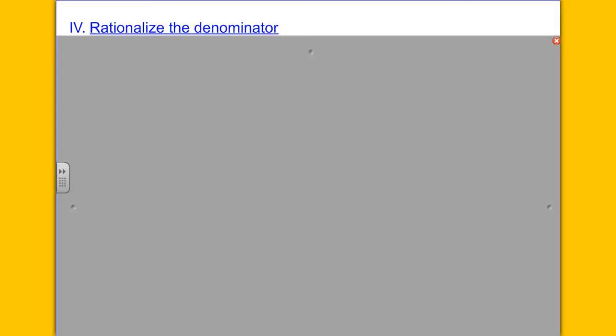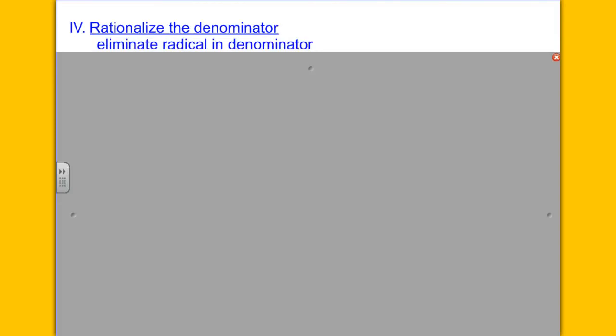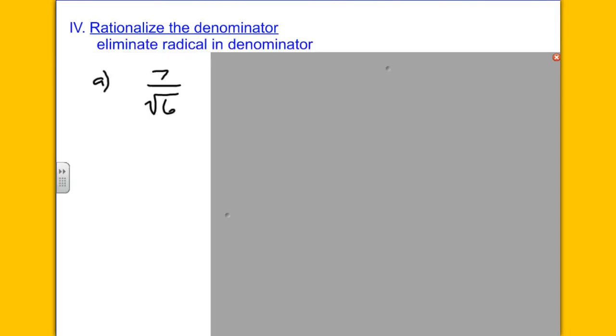Okay? So we say that if we have a radical in the denominator, we have an irrational denominator. So we want to rationalize the denominator, make it a rational number that we know everything about. So how can we do that here? We're going to learn it now. Square root of 6 is not a perfect square factor.